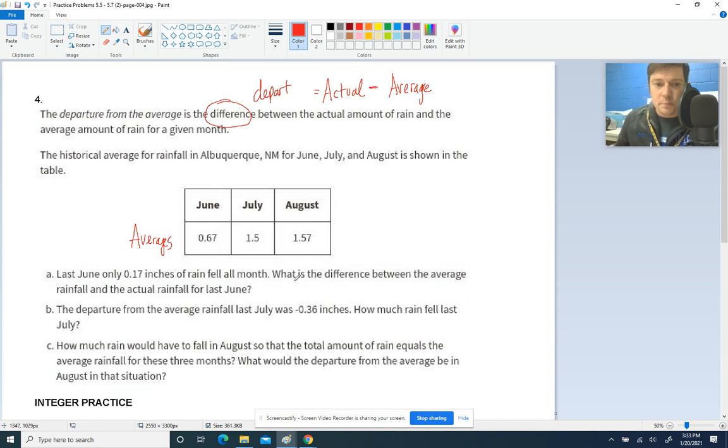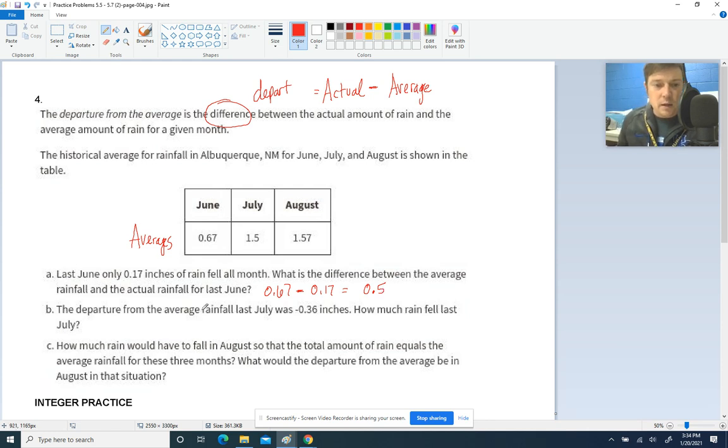So that would be, this is for June, the average was 0.67, and we are subtracting the actual, which was 0.17. And that is simply going to be 0.5. So the departure was they were a half inch off, right? So the departure is 0.5.